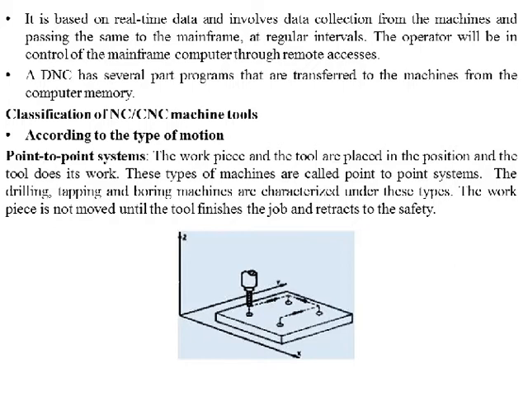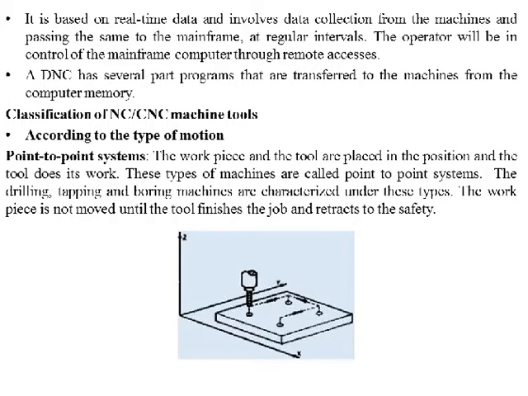CNC machine tools make use of point-to-point systems. This is a type of system wherein the workpiece and the tool are placed in position and the tool will be doing its work. In these types of machines, the tool will be moving from point to point.